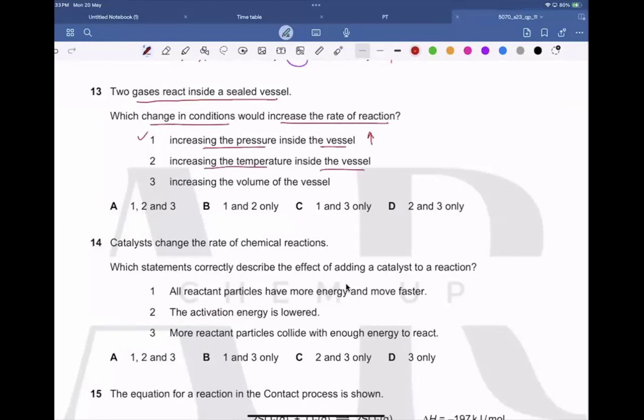Increasing the temperature inside the vessel, yes, it can also increase the rate of reaction. Increasing the volume of the vessel, no. Volume of the vessel can't help to increase the rate of reaction, because if you increase the volume, the pressure gets lower, and when the pressure gets lower, what will happen? The rate would decrease. So D, B, and A are wrong, and C is the correct answer.